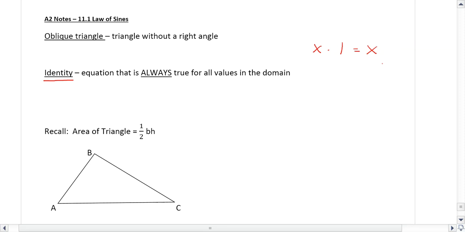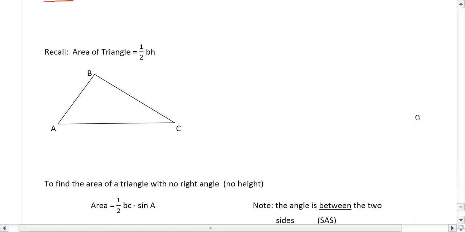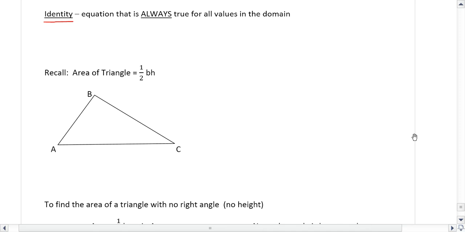So the first thing we're going to do is learn a way to find the area of a triangle when we are not given a height, when there is no right angle. So we're going to derive this using the sine.